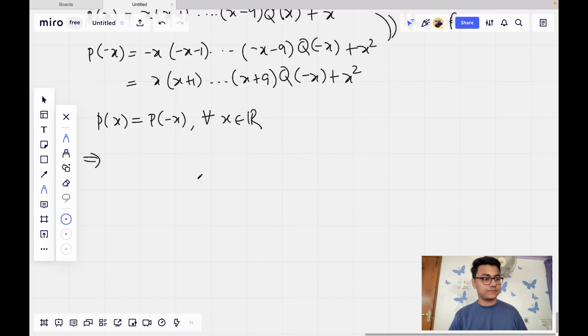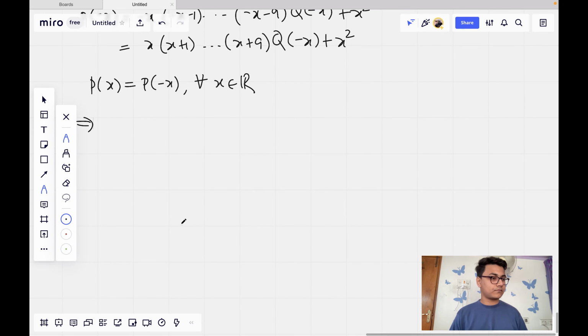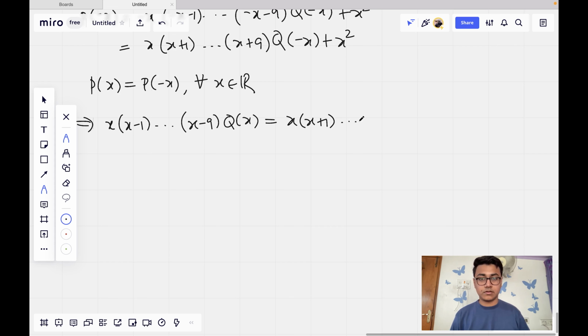This gives us x times x minus 1 till x minus 9 times q of x is equal to x times x plus 1, I'm sorry, till x plus 9 times q of minus x. This is right.